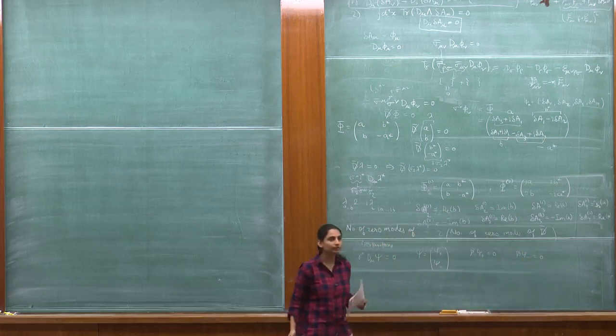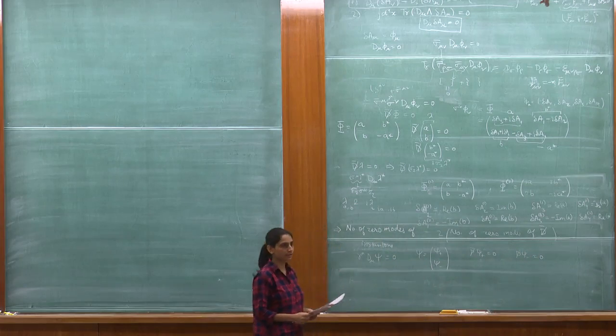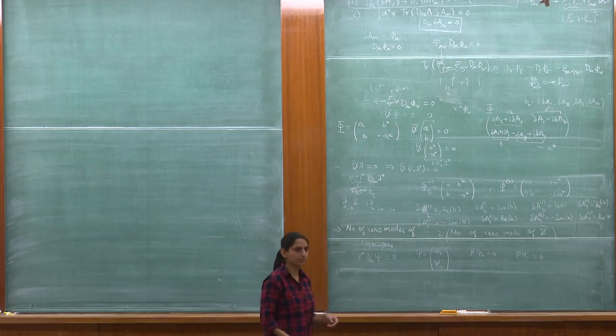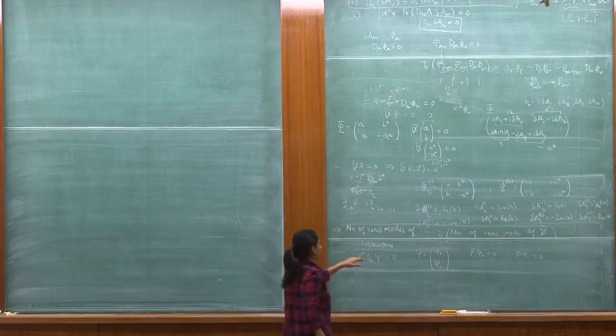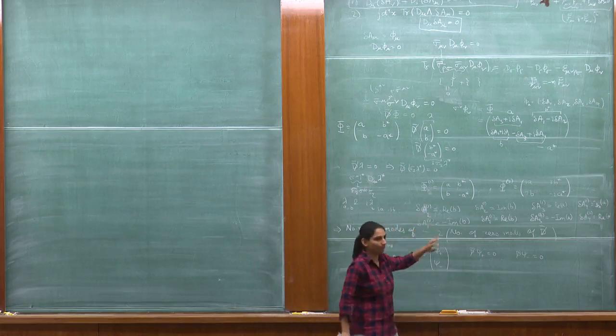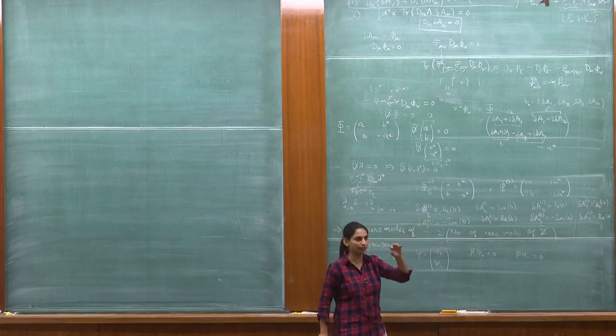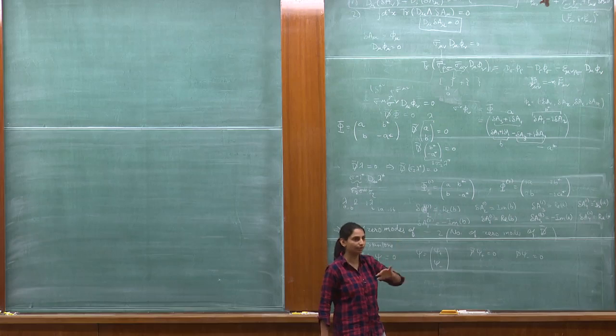So there will be three such solutions of lambda corresponding to each adjoint. Sorry, when I am writing this, this is delta A mu, so the adjoint index is already summed over.